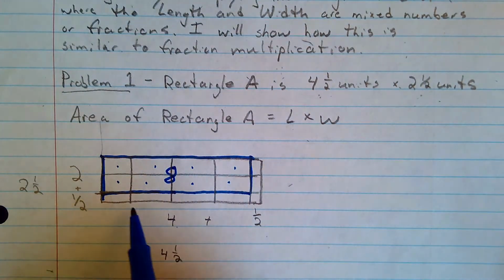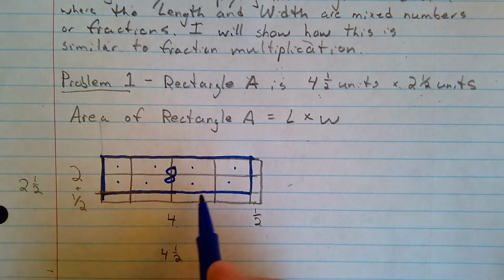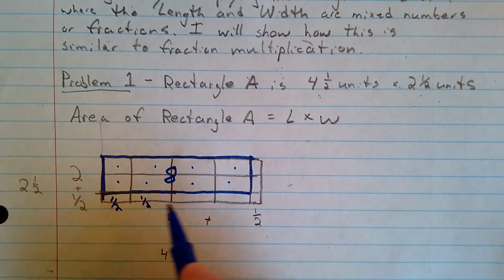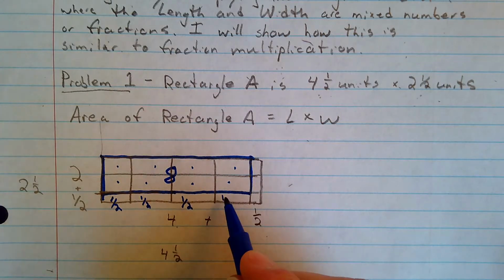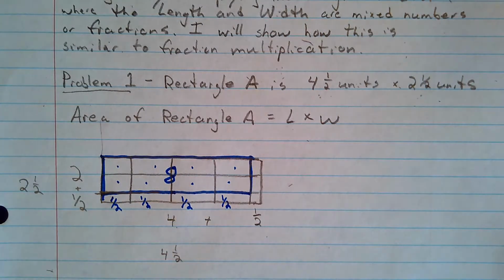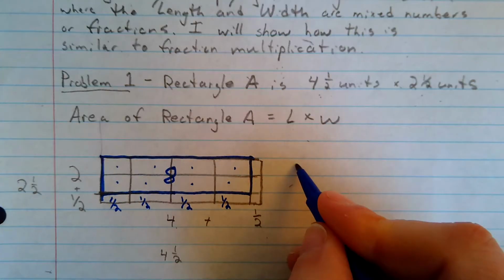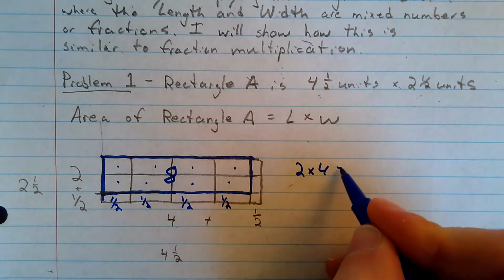And then we have 4 halves across the bottom. So there's a half and a half and a half and a half. And so that's 4 halves across the bottom, which is 2, right? So we have 2 times 4 is 8.